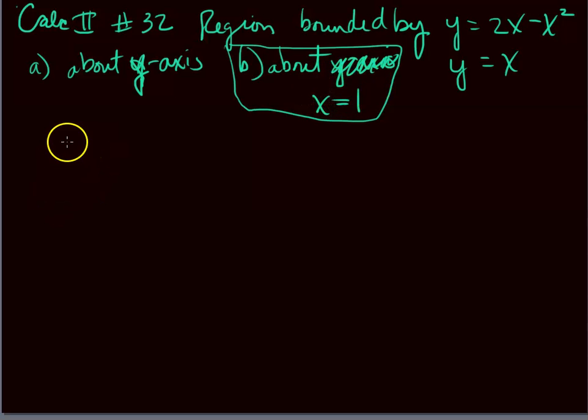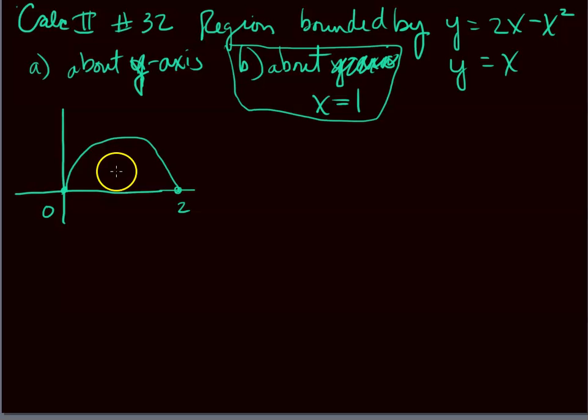So, graphing this is important. Your 2x minus x squared is a parabola that opens down. Here's the point 2 and 0. Y equals x is the line here.